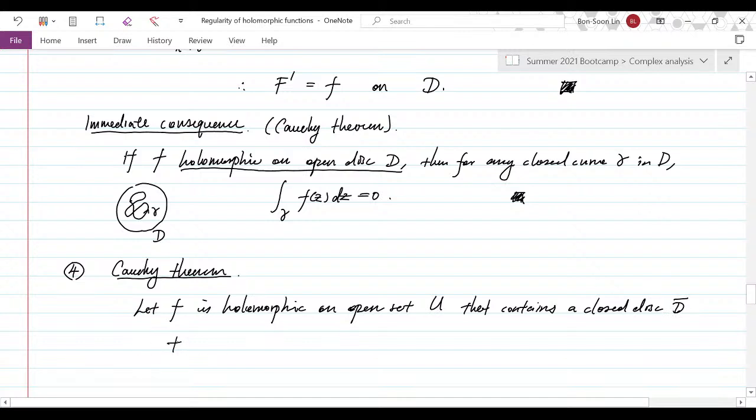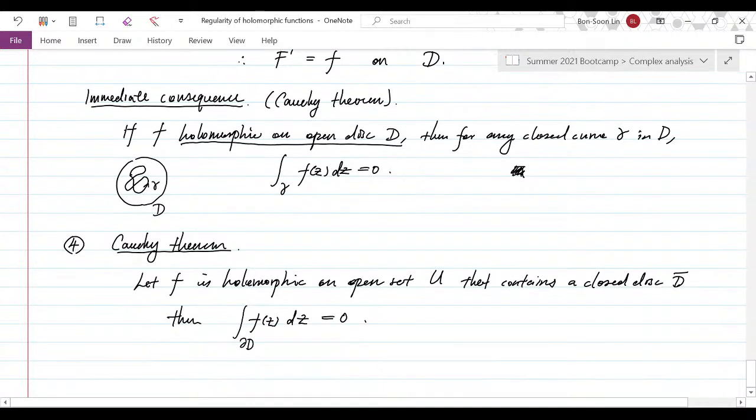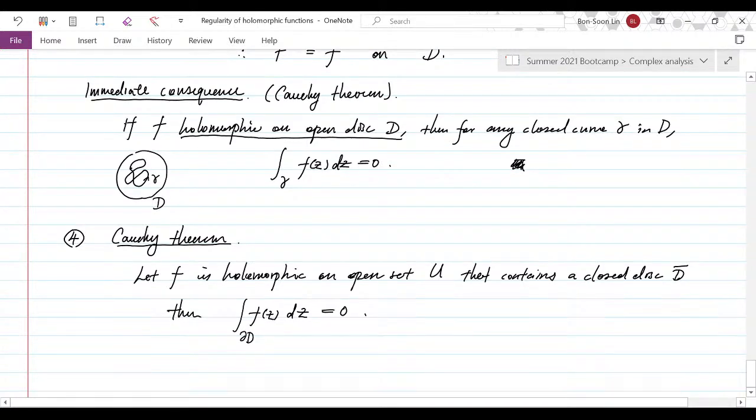Then the integral along the boundary of that disk of f of z dz is equal to 0. Okay. So both of these, you can think of them as Cauchy theorem, doesn't matter, as long as you use it correctly.